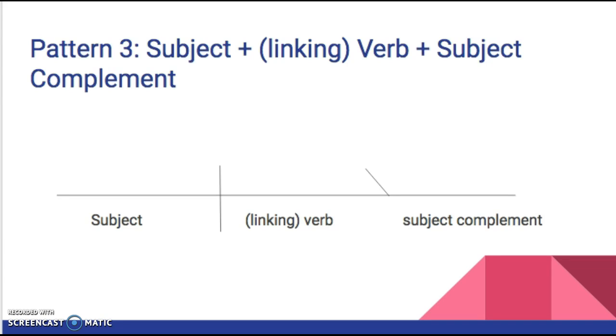So a linking verb sentence would look like this. Dogs are mammals. Mammals renames or describes dogs. Are is a linking verb that connects those two words together. So we have dogs as the subject, are as the linking verb, and mammals as the subject complement.